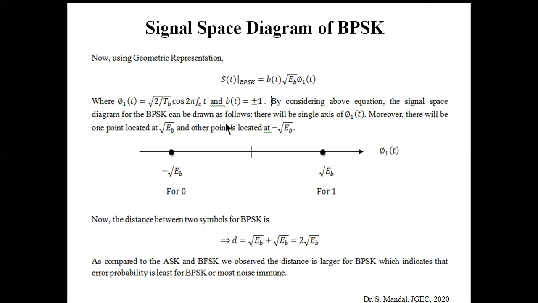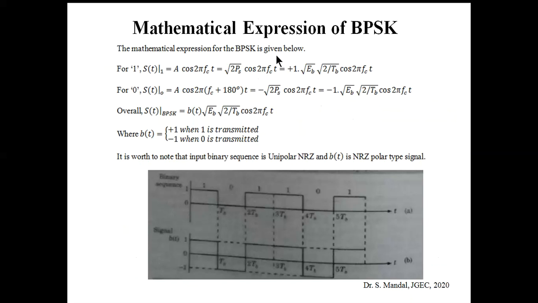So if we observe the BPSK signal, here you can see that the real valued function is cos 2 pi fct, and the equation is expressed in terms of energy. So basically Eb is nothing but the energy for a particular bit, root Eb.